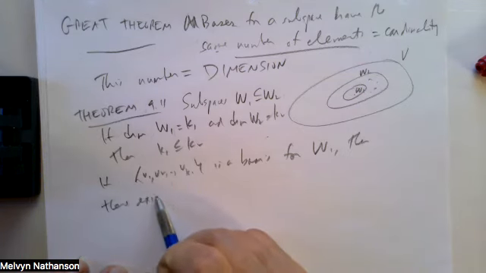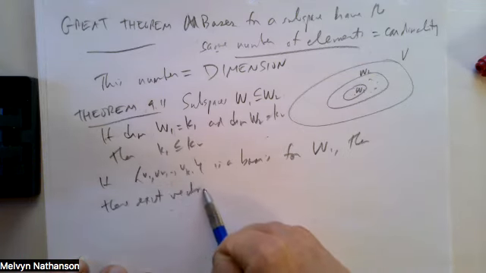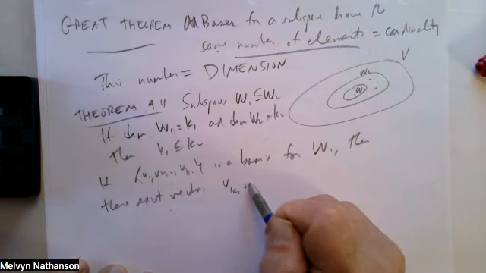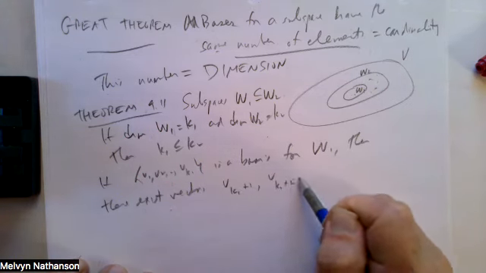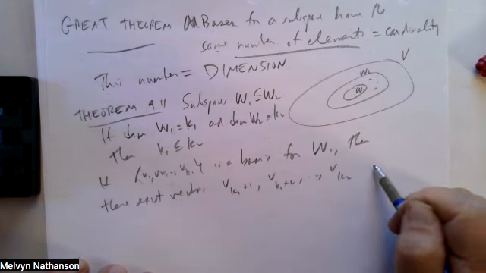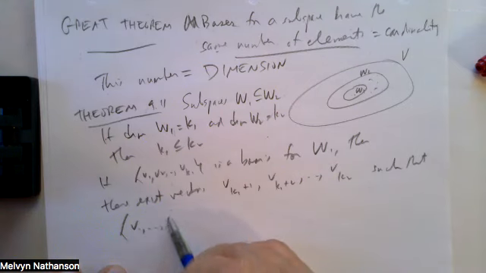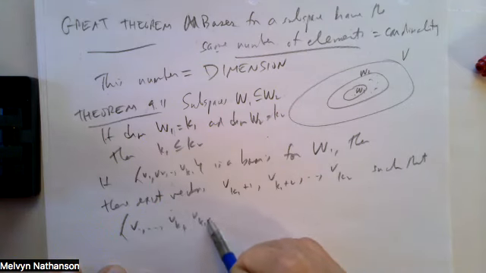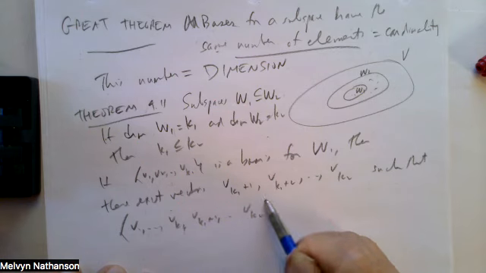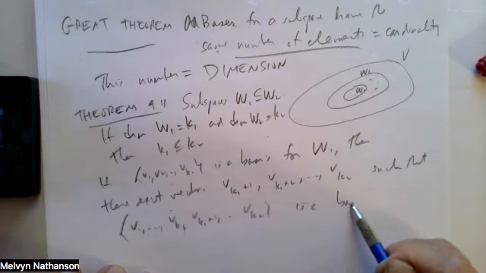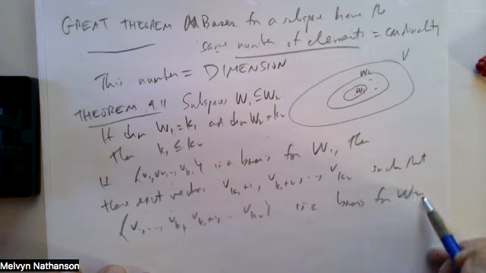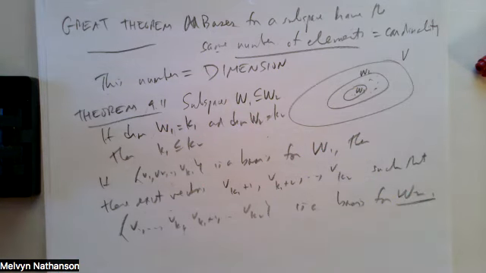So then there exist vectors V sub K1 plus 1, V sub K1 plus 2, up to V sub K2, such that V1 up to VK1, VK1 plus 1, all the way up to VK2 is a basis for W2. So this is this very nice result about bases.